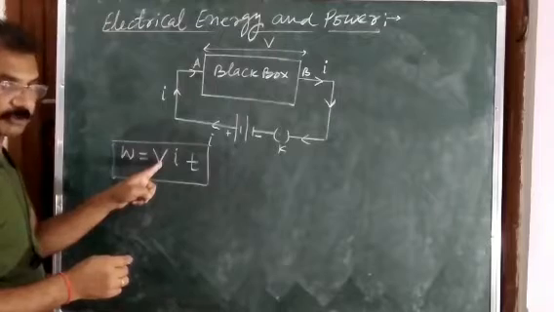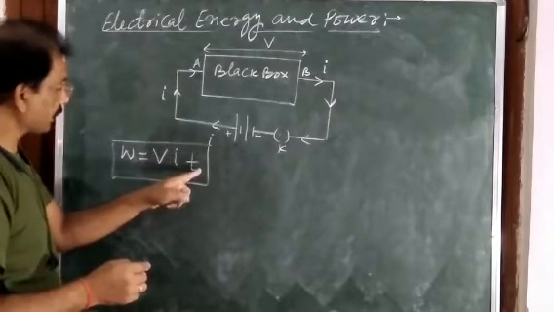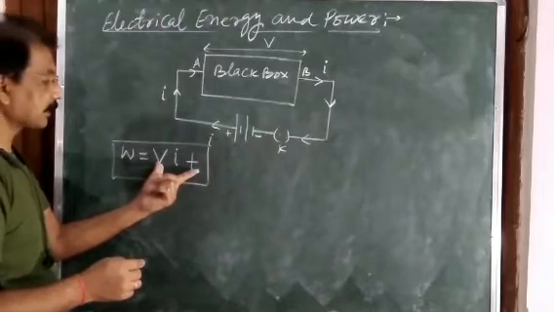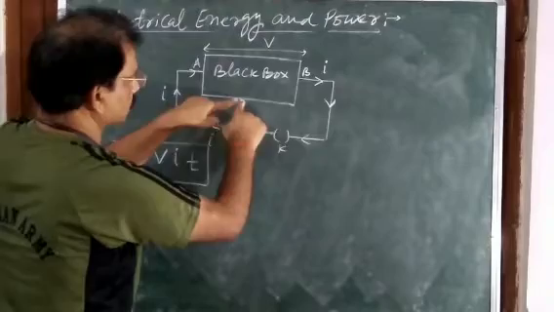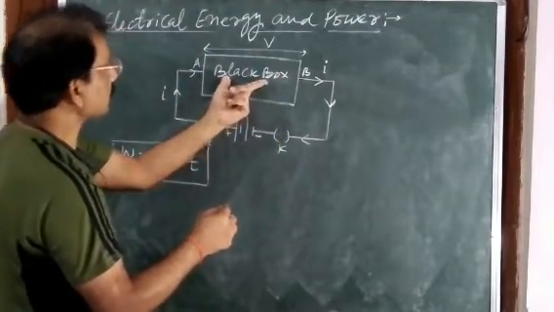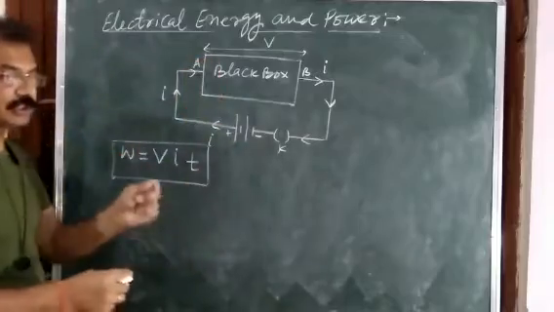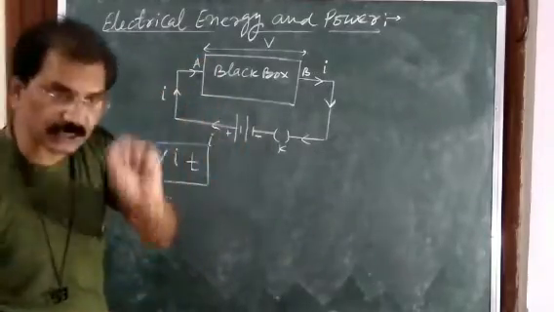Across this the potential difference is V, the current flowing through it is I, and in t seconds this amount of electrical energy will be consumed. But suppose inside this black box I take a resistor. Then in that resistor the electrical energy will be consumed in the form of heat energy.